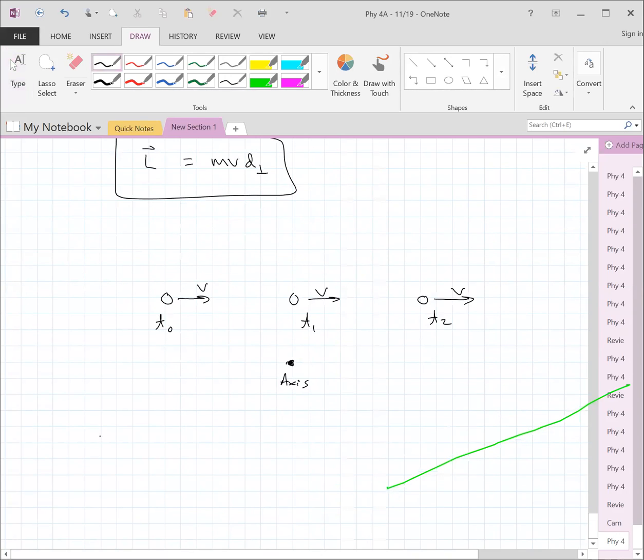What's the angular momentum at t0? Well, we just did it, right? It's the momentum of the object, mv, times the perpendicular distance. We extend this line. We find the perpendicular distance here, and we put that in there. I'll just call it d perpendicular.